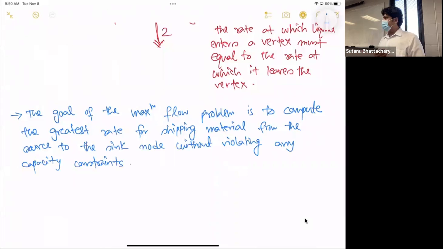Just go through this goal and we'll briefly discuss it again.